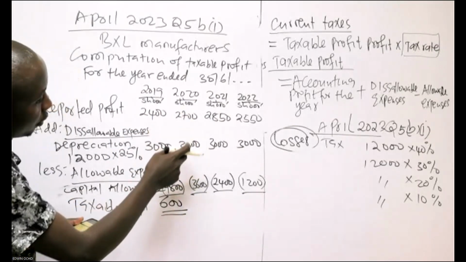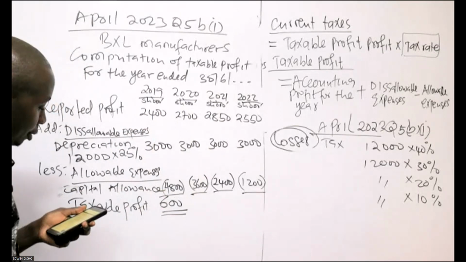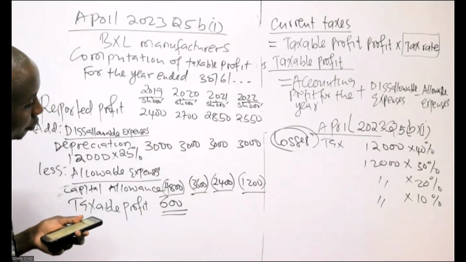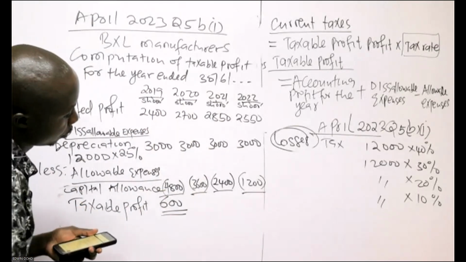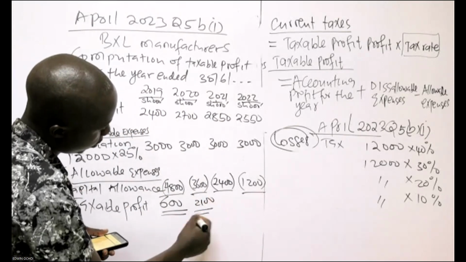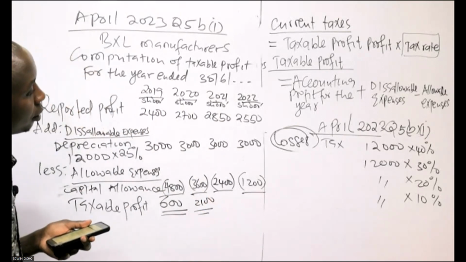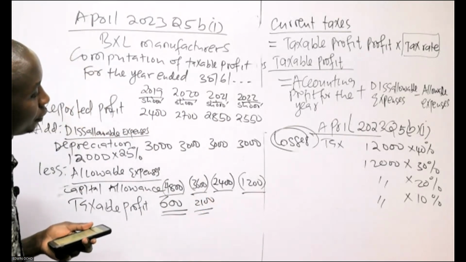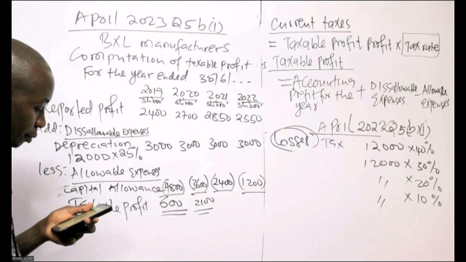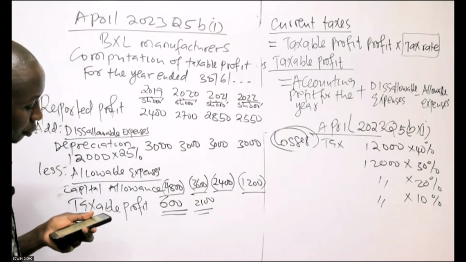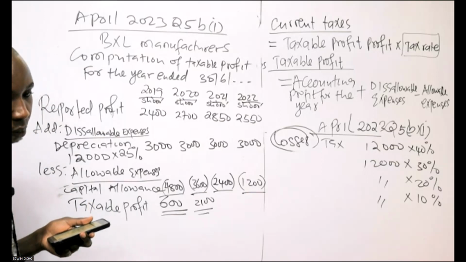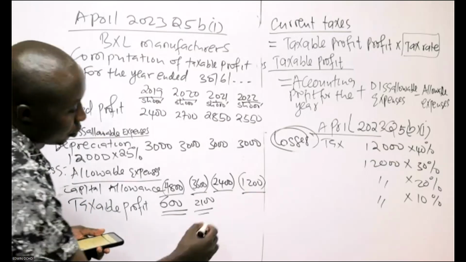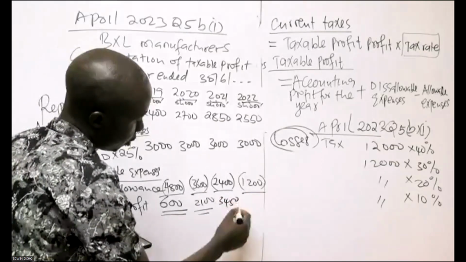This one, 57 minus 36, 2,100. Then 5,850 minus 2,400, 3,450.